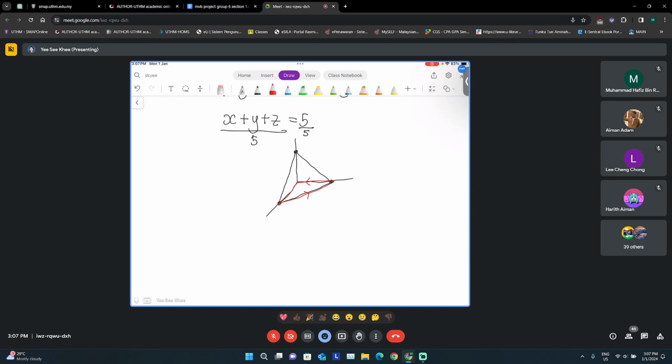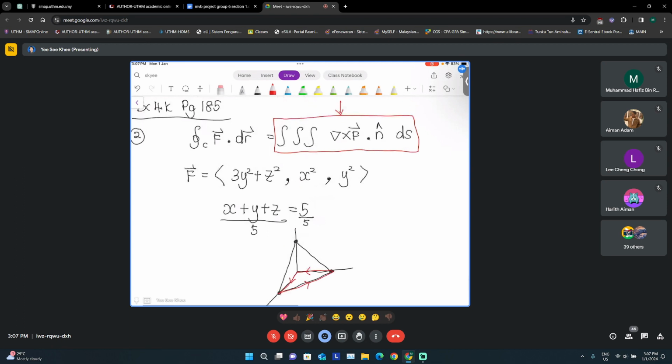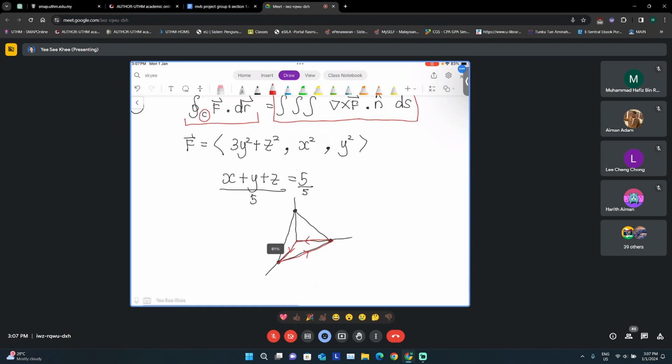Okay, are you clear about the question? So the Stokes theorem is to solve the line integral. That's why you need to identify how the curve, how the line looks like. So I'm drawing this red color line to represent the curve over here.